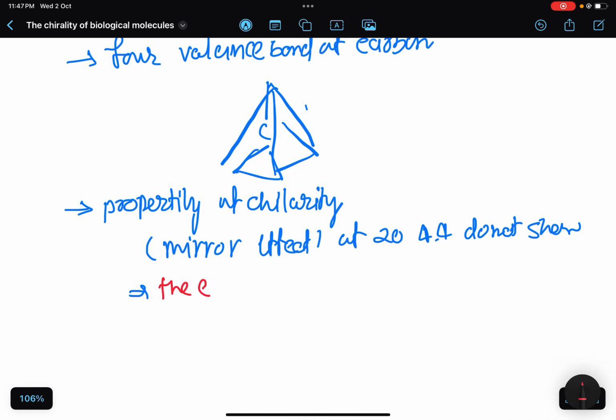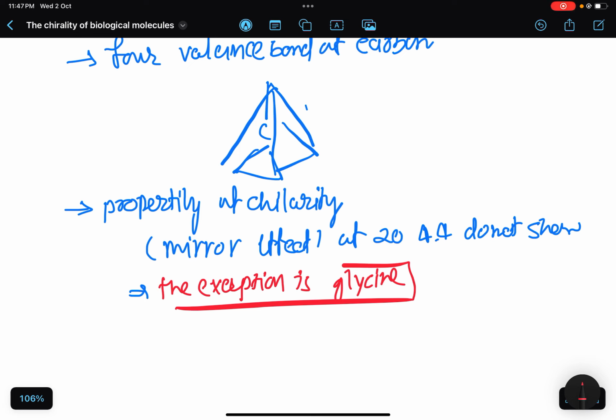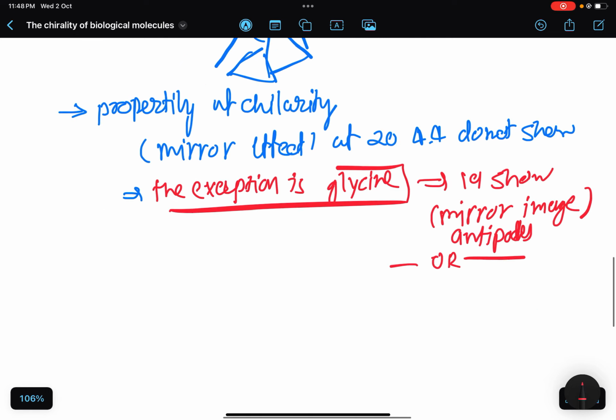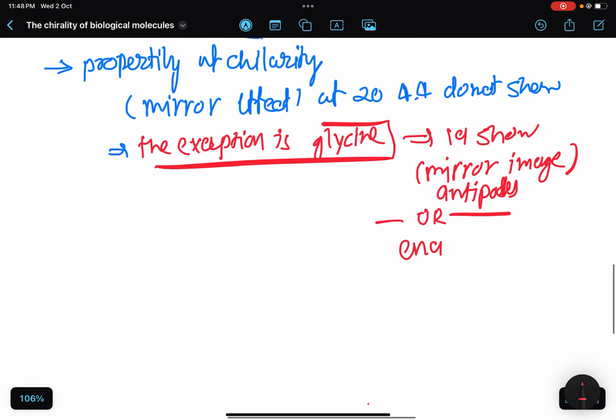The exception is glycine. Except for glycine, all amino acids show mirror images, or mirror image antipodes, or we can say enantiomers.